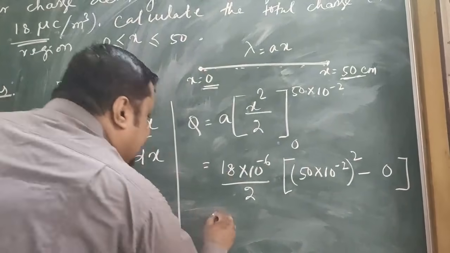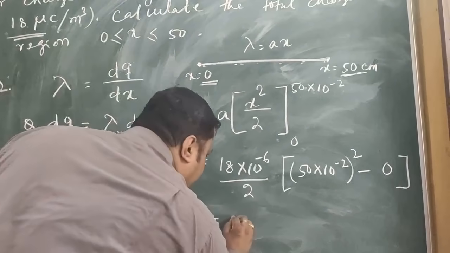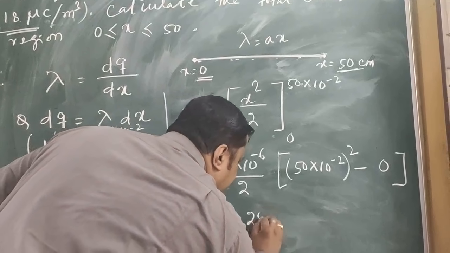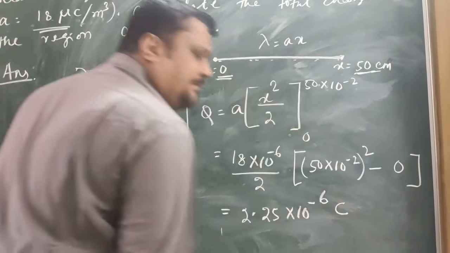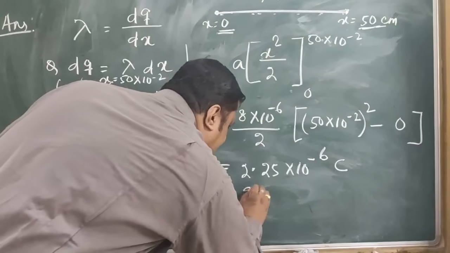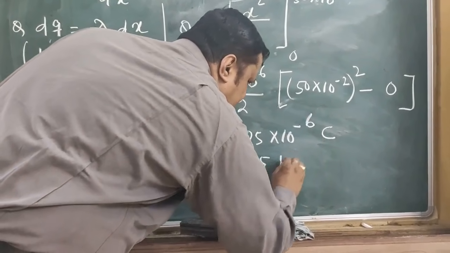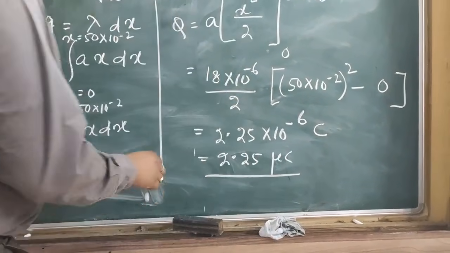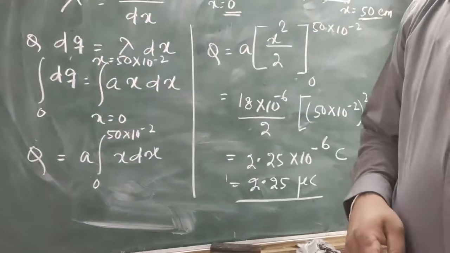If you solve this, you get q equal to 2.25 into 10 to the power minus 6 coulomb, or you can say 2.25 microcoulomb. Okay, so this is the answer of the question.